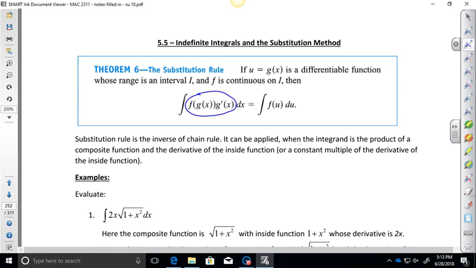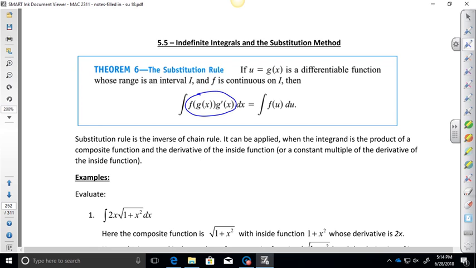How do you integrate u to the 10? u to the 11 divided by 11 plus c. Then we change back u, which is (2x squared plus 3x plus 7) to the power 11 divided by 11 plus c.